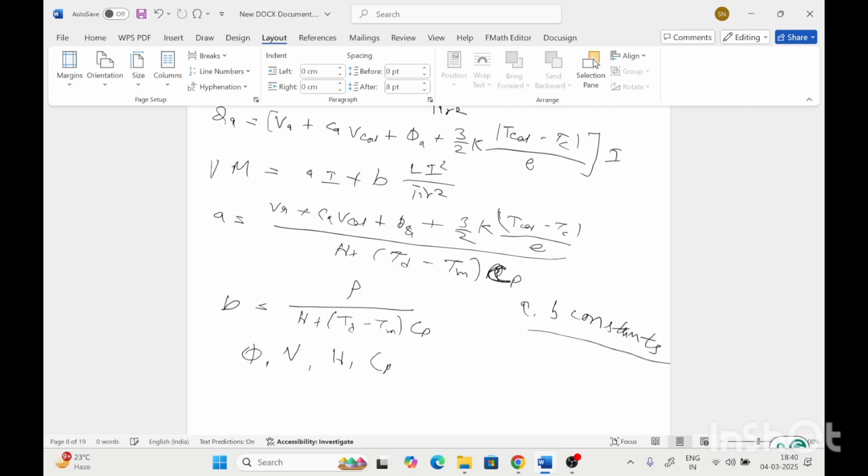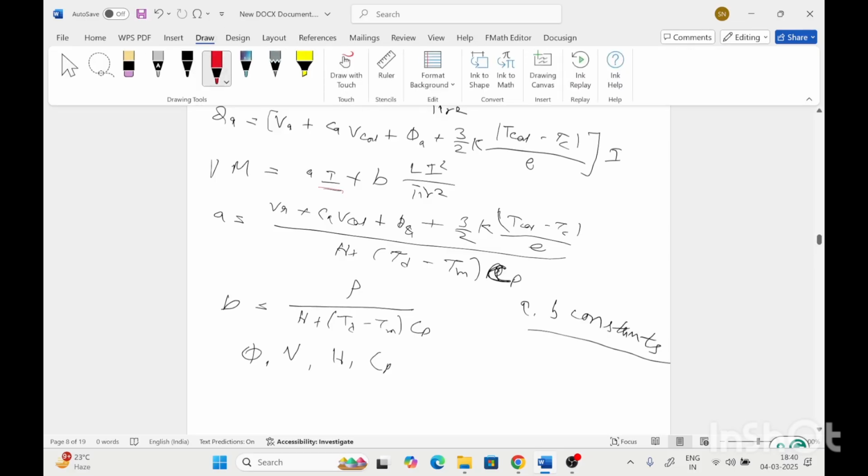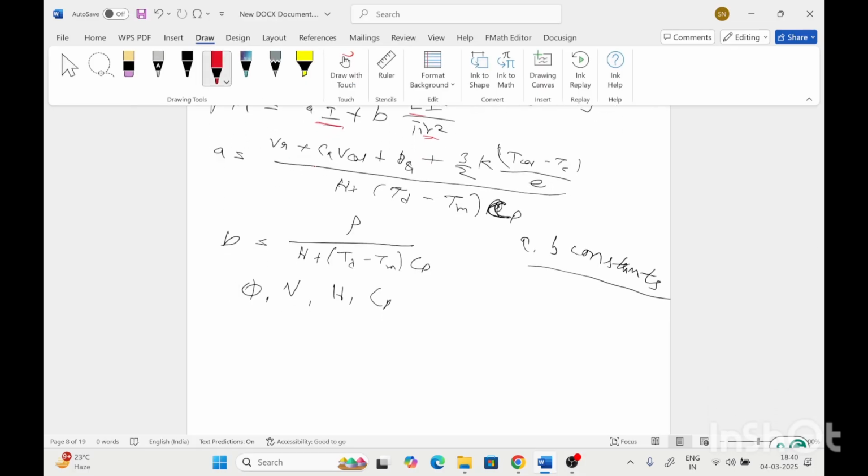So the only variables in the melting rate are the current, and the length and the radius of the wire. L is the stick out length of the wire, I is the current, and R is the diameter of the wire.